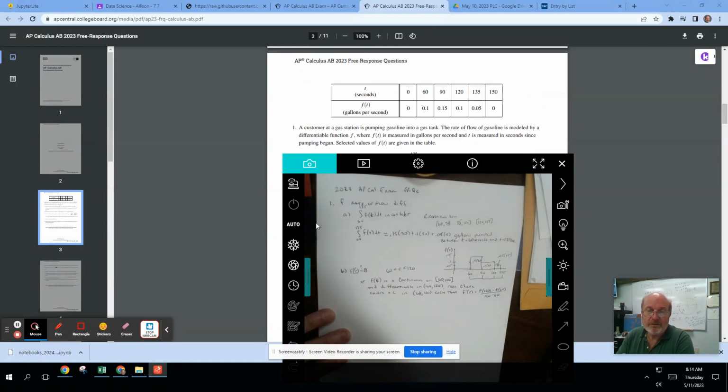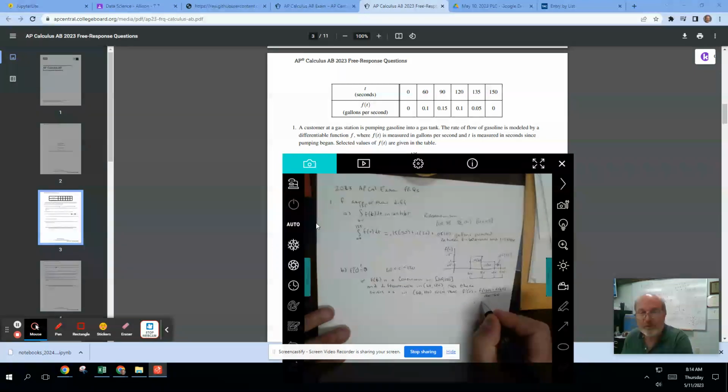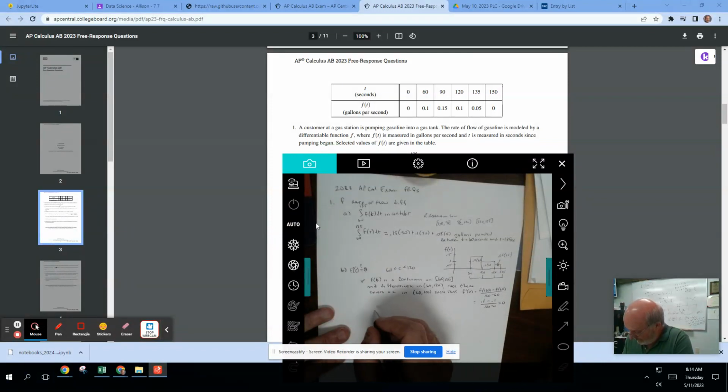Since we have f of 120 and f of 60 both equal to 0.1, that equals 0.